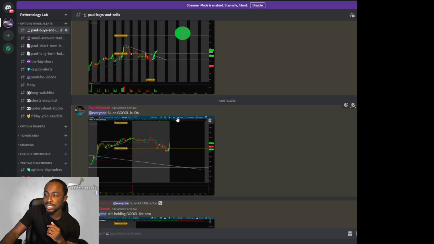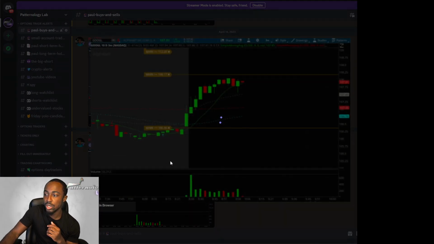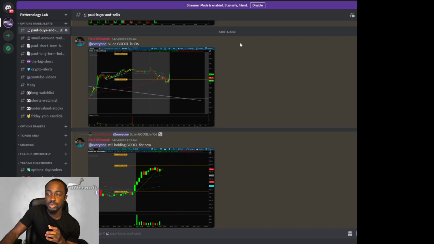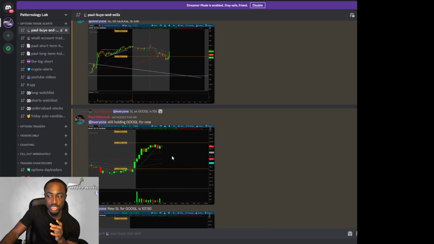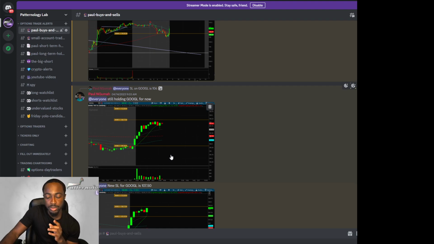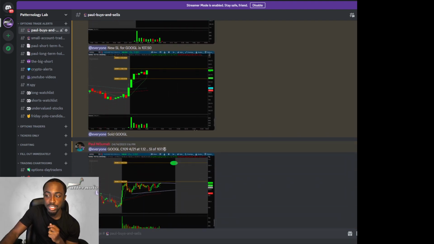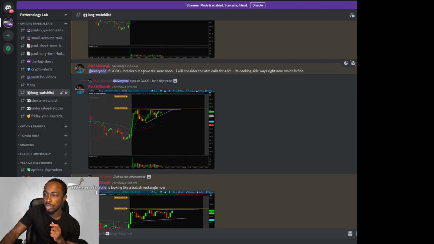It tried its best and it only got to 108 exactly, which is when I got out from that swing trade. But my eyes were still on there for a possibility of a new structure, which I may like for a new day trade.